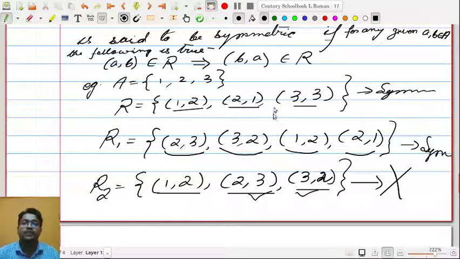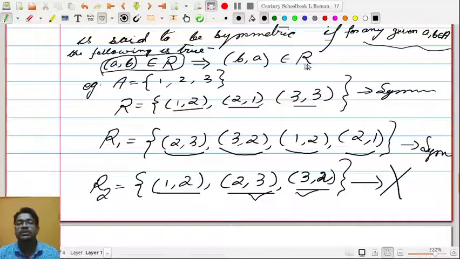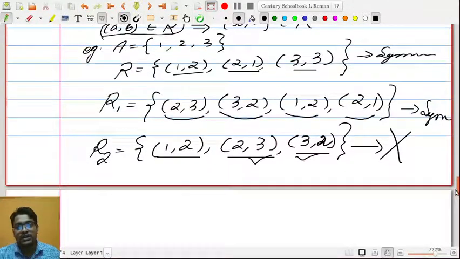But for the relation to be symmetric, given any a and b in A, this should always be true, that if (a, b) belongs to R, then (b, a) also should belong to R. And if (a, b) doesn't belong to R, then we don't have to worry about it. But whenever (a, b) belongs to R, (b, a) also should belong to R. And that is the symmetric relation.